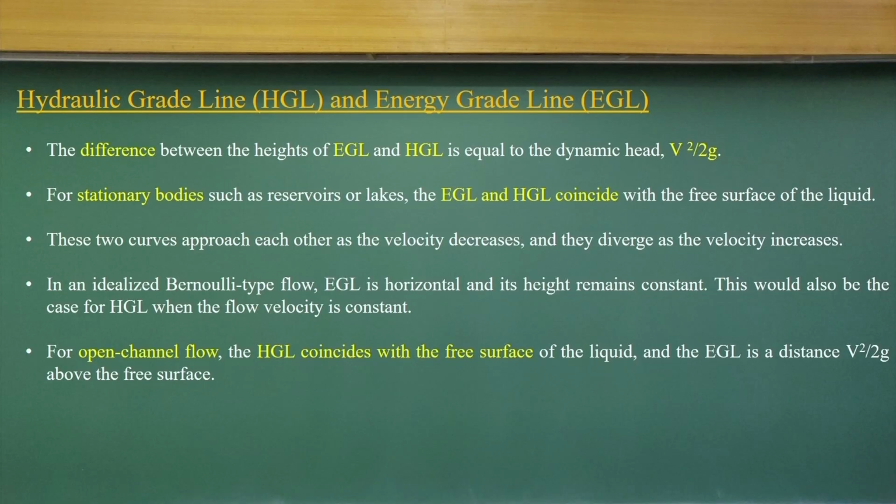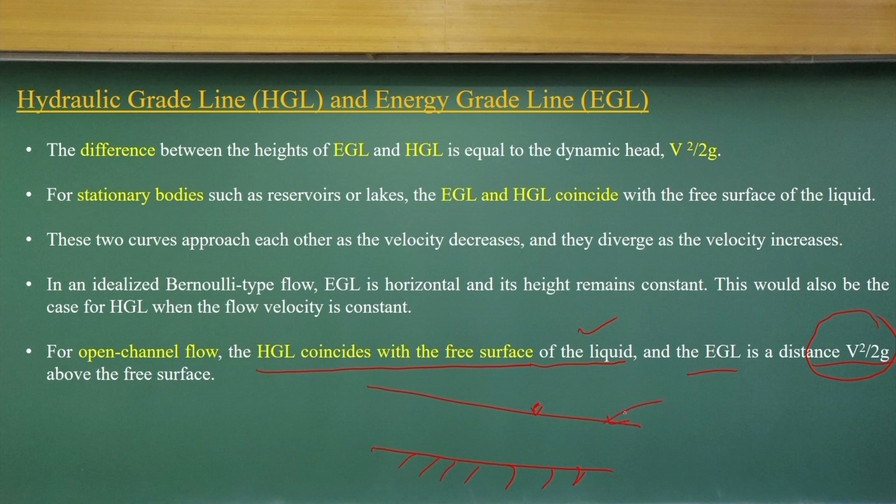We are not discussing open channel flow here, but in the case of open channel flow, the hydraulic gradient line coincides with the free surface of the liquid, because there is no pressure head. So, whatever the free water surface is, that will be the hydraulic gradient line, and the energy gradient line will include the velocity head above the free surface. That means, if you consider an open channel flow, this is the free surface.